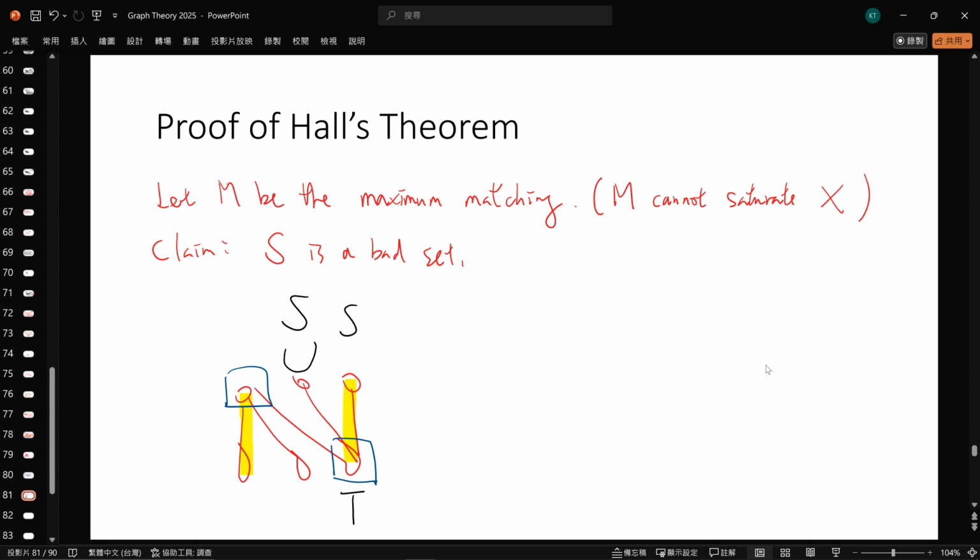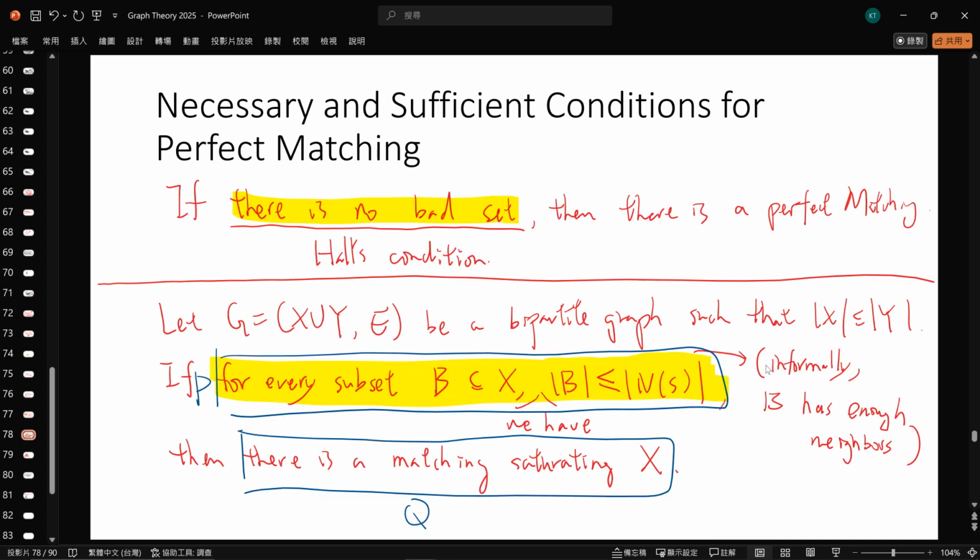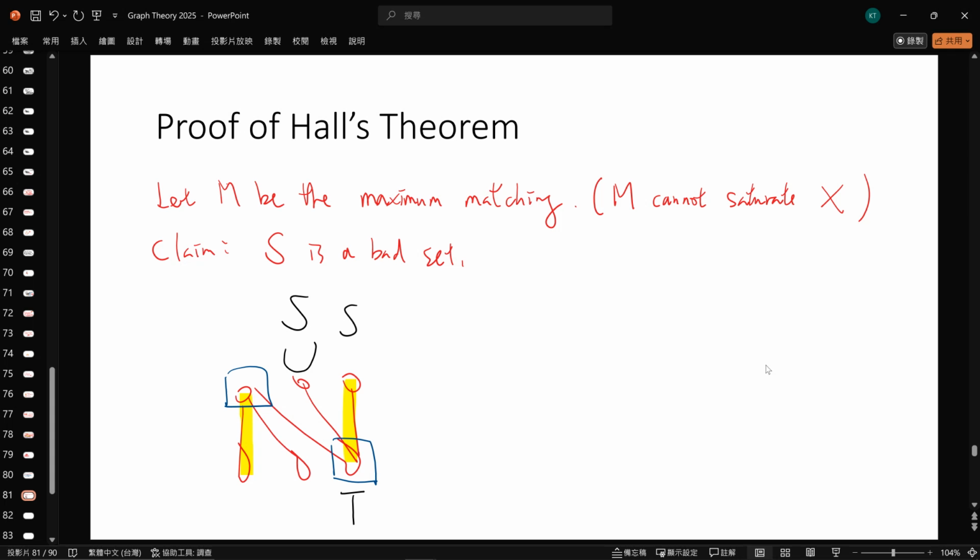So similarly, let's just consider this one. Next we're going to prove that S is a bad set, if the set X cannot be saturated. In this case, you can see that this vertex here cannot be saturated. So we have a bad set.